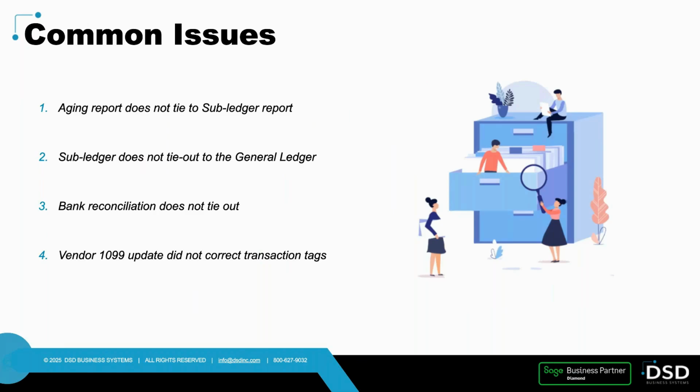And then lastly, the vendor 1099 update did not have correct transaction tags. The reason is the AP ledger must be open before the calendar year that is intended to be mass updated. The resolution for that would be to open up the GL or the AP subledger back to the first month of the current prior calendar year.